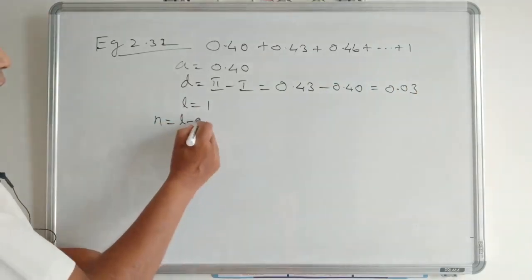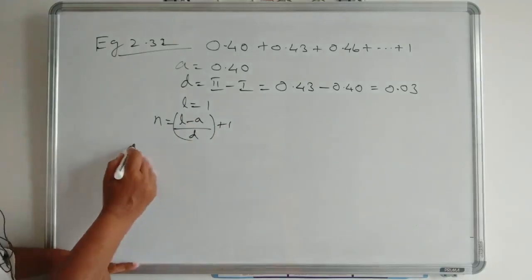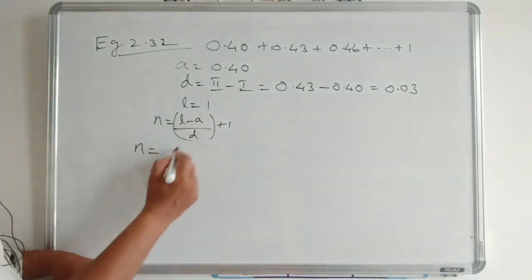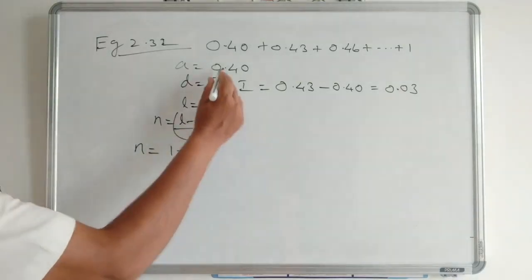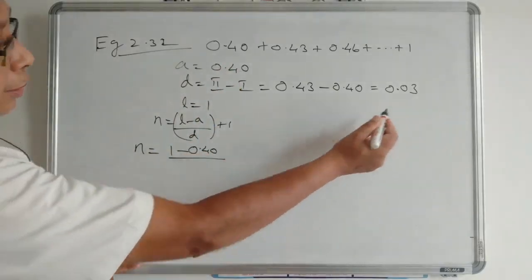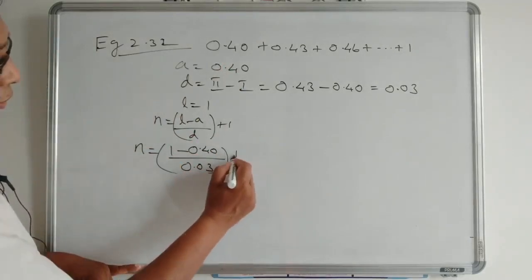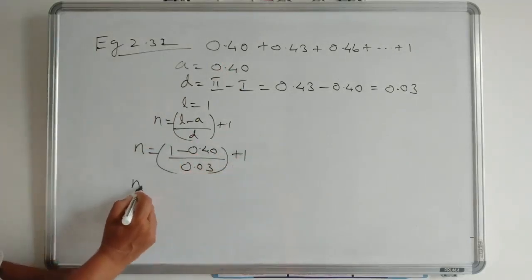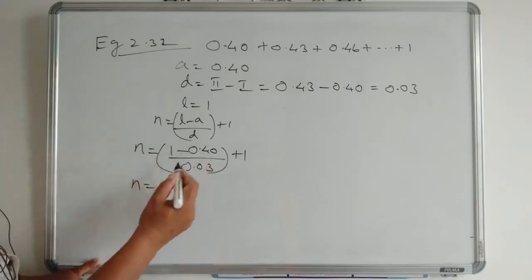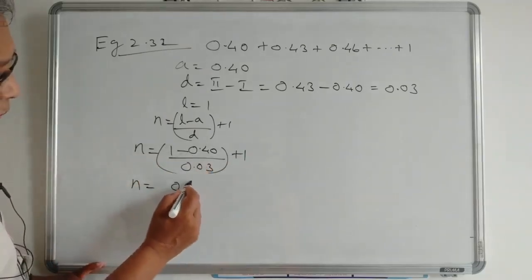We are finding n, therefore n equal to (l minus a) divided by d, plus 1. Therefore n equal to (1 minus 0.40) divided by 0.03, plus 1. 1 minus 0.40 gives 0.60.